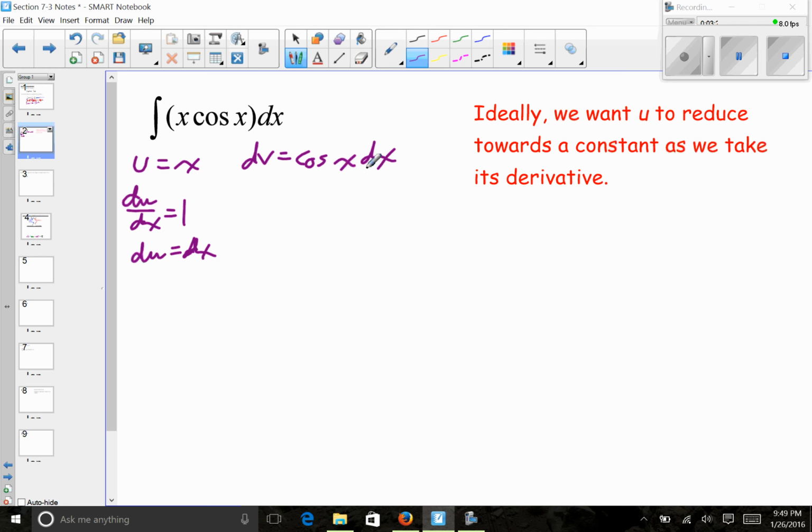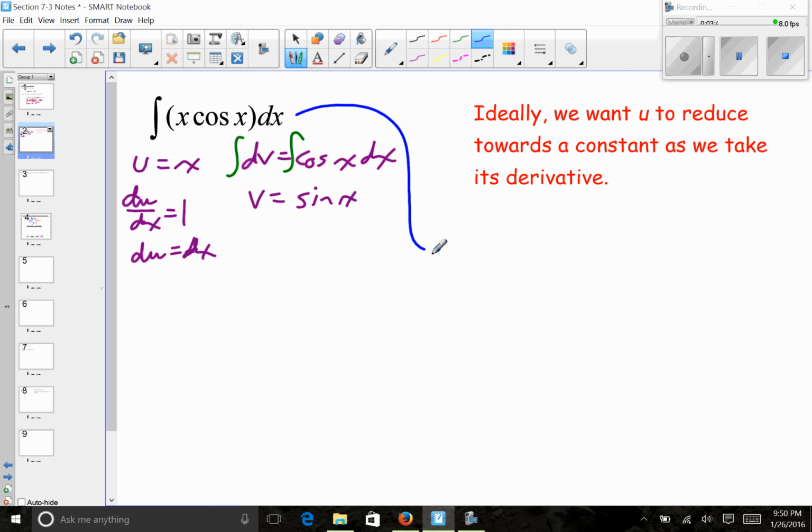And then for dv dx, I want to integrate both sides so that I can say that v is the antiderivative of cosine, which would be sine. And I know this is an indefinite integral, but we're going to save the plus c for when we do our antiderivative of the original integral here.